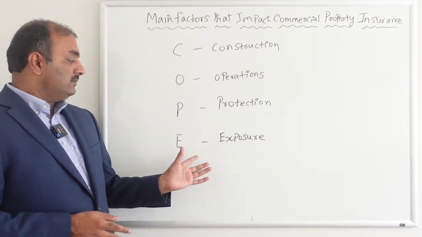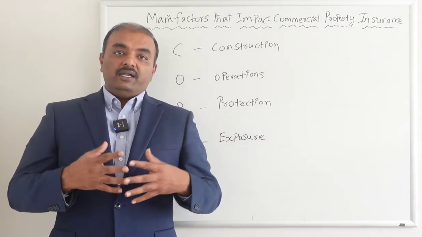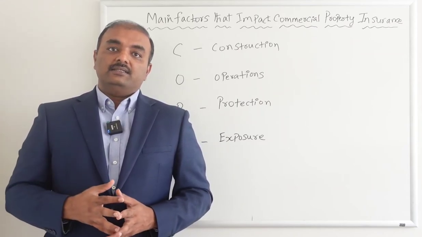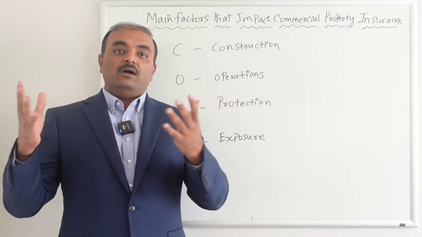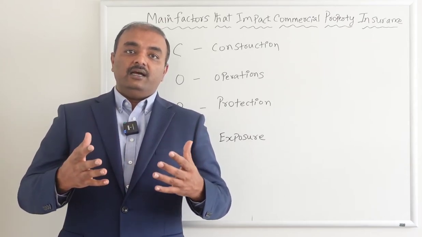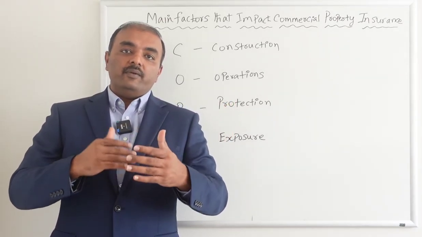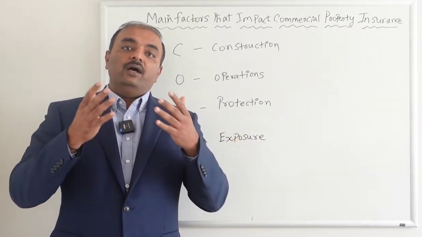The final factor is exposure. Say if you have a building which is near the seashore or flood prone areas, then your exposure is higher compared to a building in a non-flood zone area. If your building is very close to the seashore or flood prone areas, then your premium will be higher compared to other areas where it is less prone to earthquake or flood.